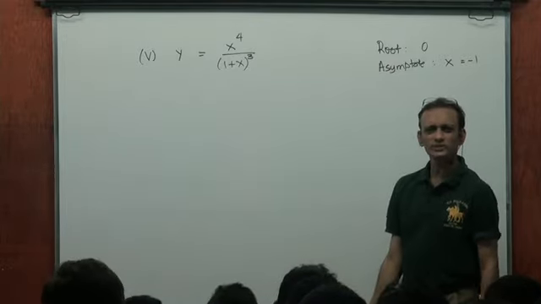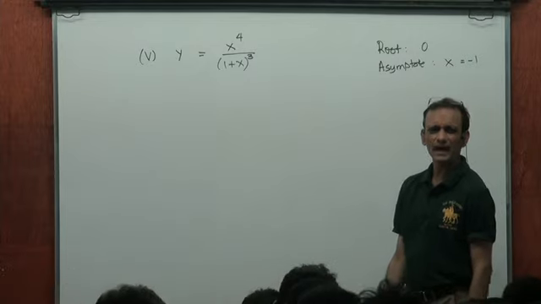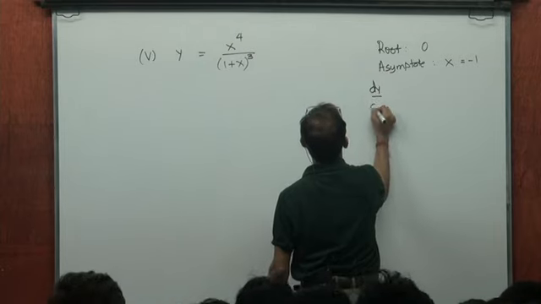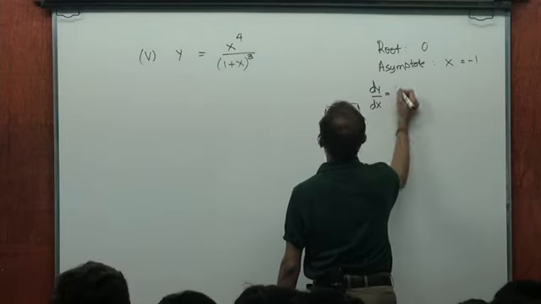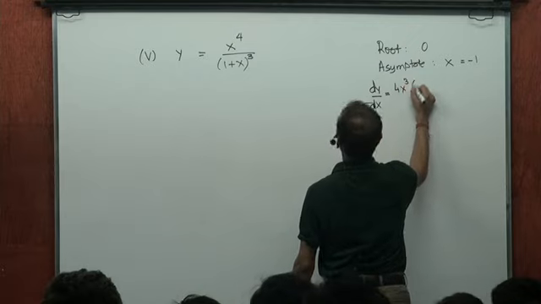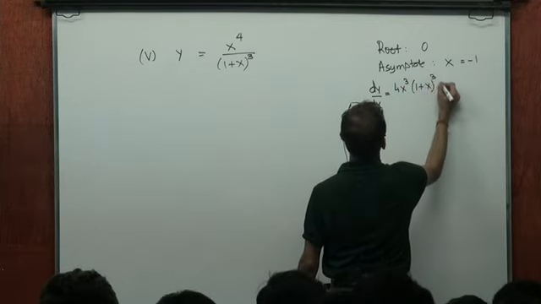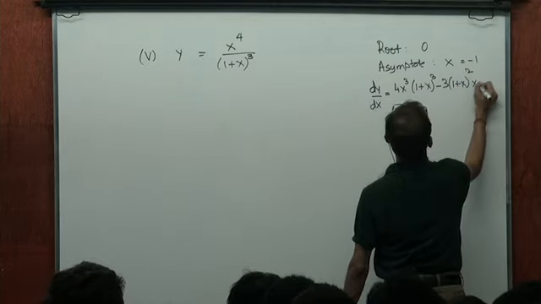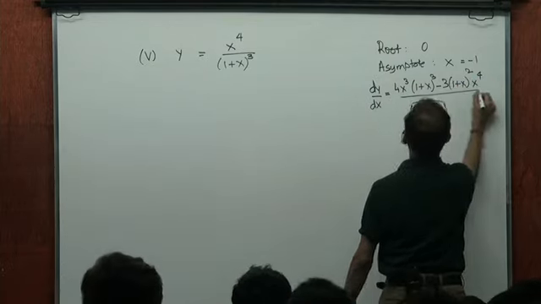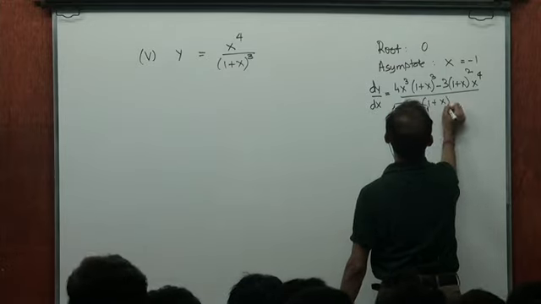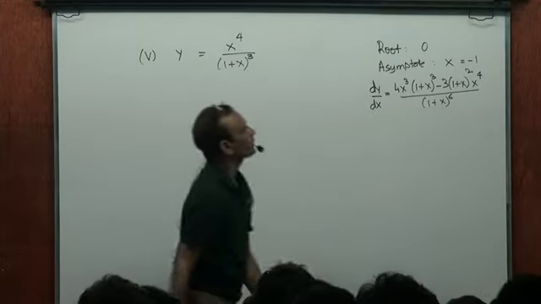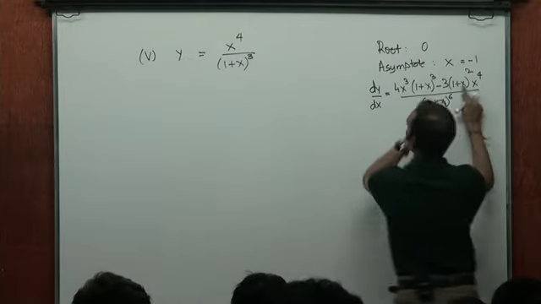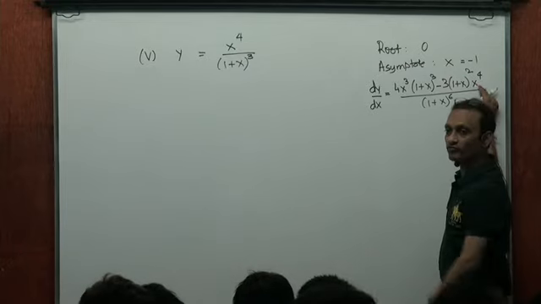Let's differentiate this with respect to x and examine for x equal to 0. See, 4x cubed into (1 plus x) whole cubed minus 3 into (1 plus x) whole squared into x to the power 4, isn't it?